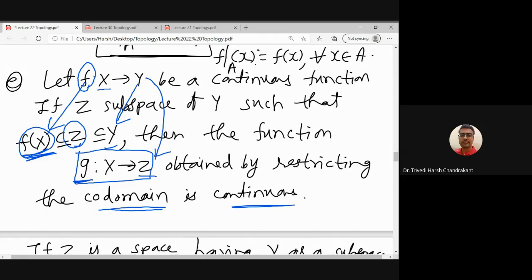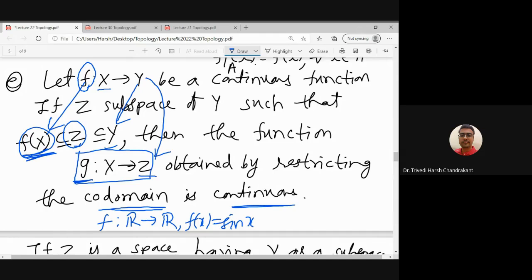So for example, if I have a continuous function f from R to R, which is f(x) equal to sin x, then we know that the range of sin x is the closed interval from minus 1 to 1.